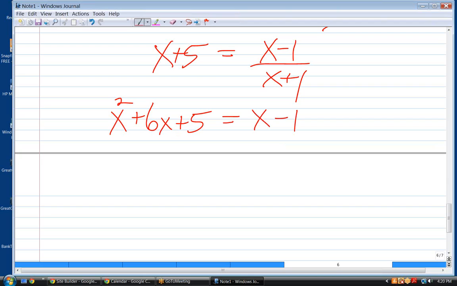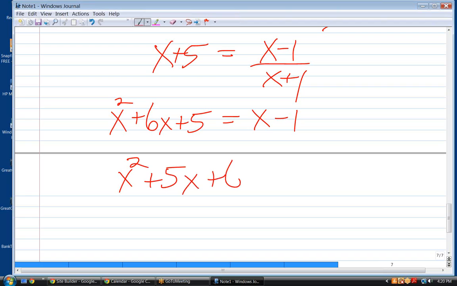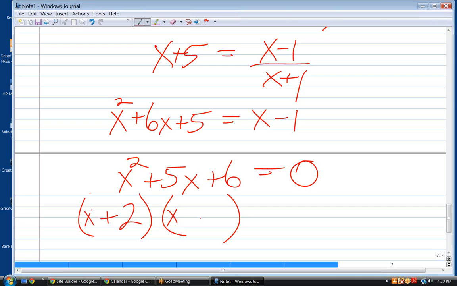What next? And then you subtract x and add 1. Then maybe x plus 2 and then x plus 3. So your solution.